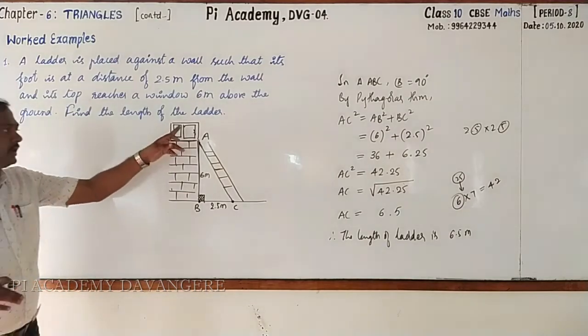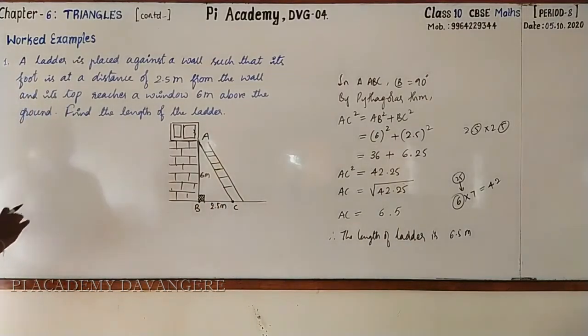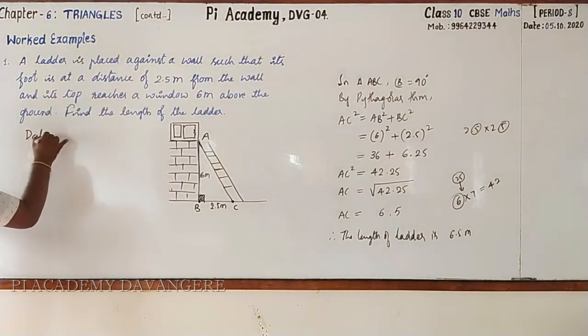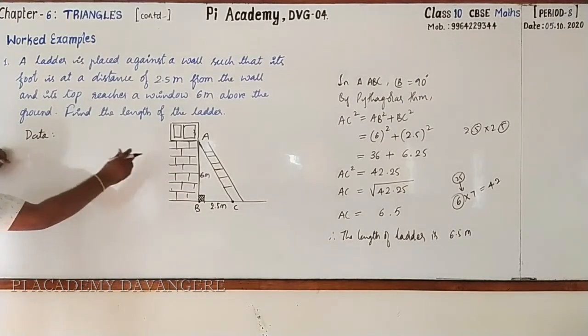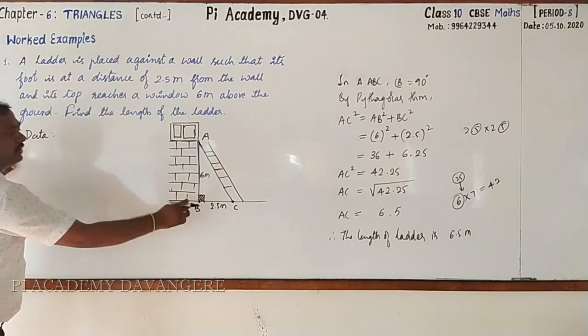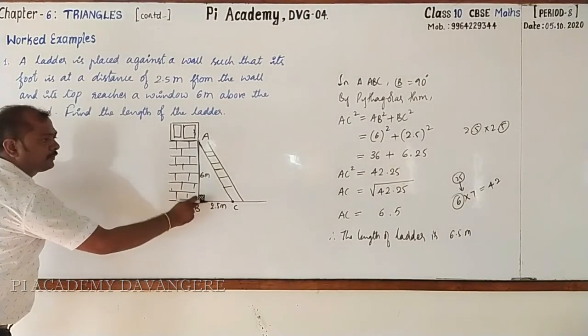You may just draw the triangle ABC only. Then here I'll write the data. Look here. What do we have to write? First, the distance of the foot of the ladder from the wall.